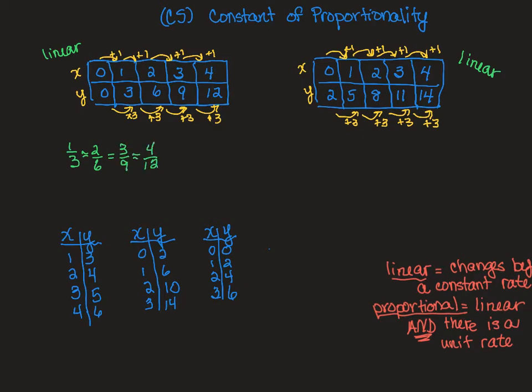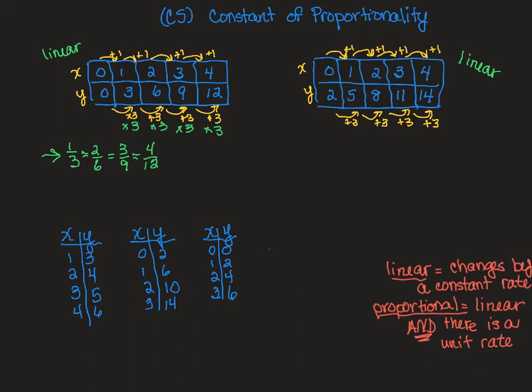Every time I can multiply the x by 3. I have proportionality. These are proportional ratios.